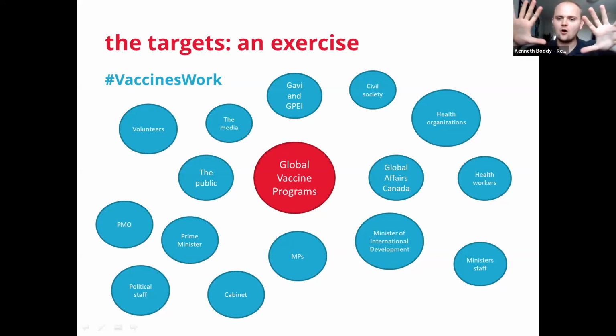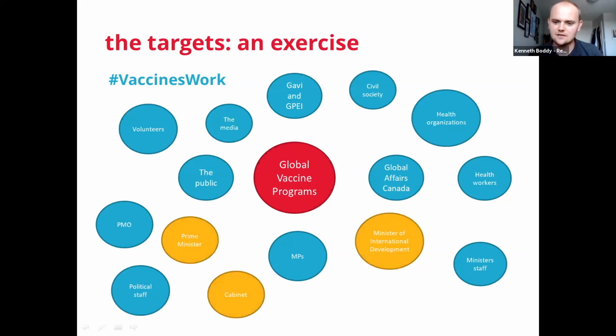We mapped out all of the different actors that might be connected into this issue, as you see with the bubbles here. And if you, Robin, flip to the next slide, we identified three groups and institutions that will be critical for us to secure the support of in order to create this change.